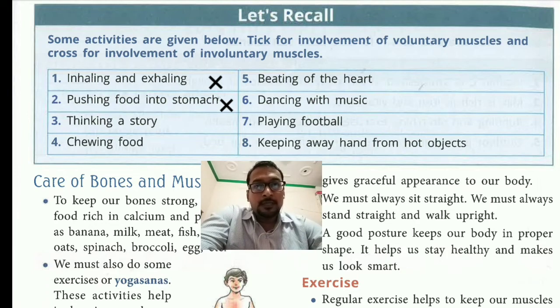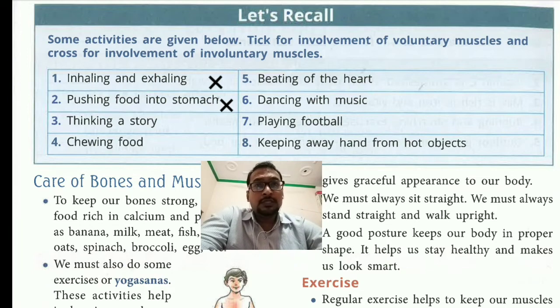Okay, number 3, thinking of a story. Mind. You can control your mind. Brain. Thinking of a story involves voluntary muscles.